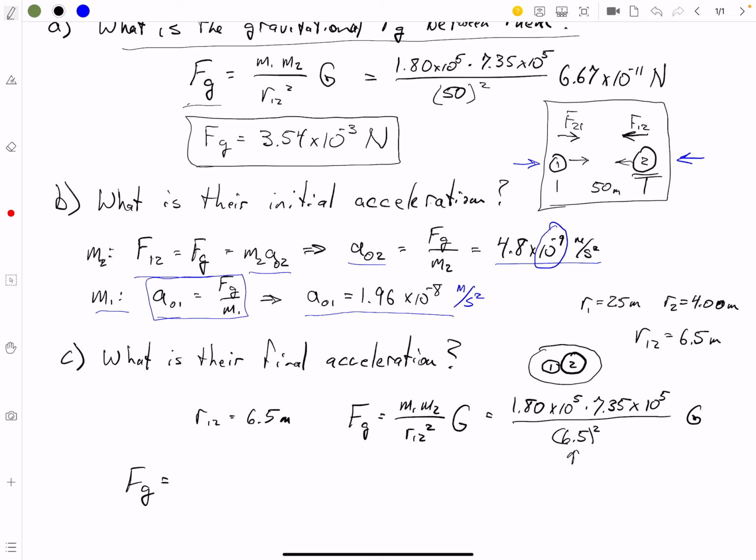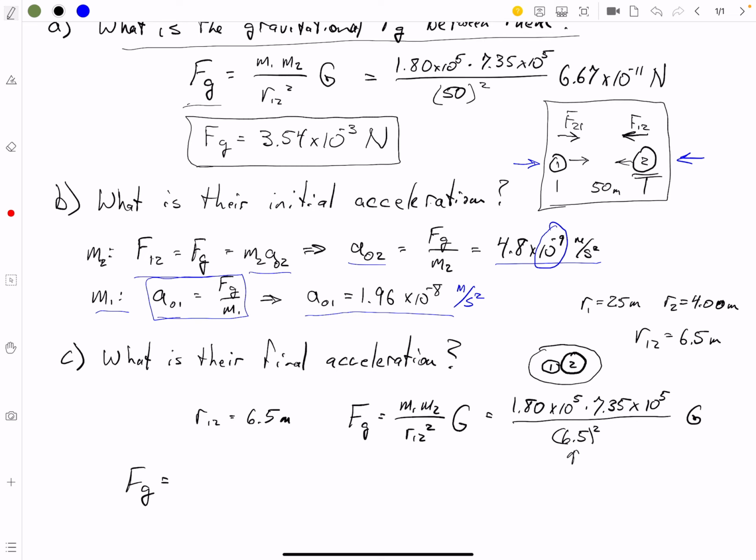And then we've got 10 to the 10 on the top, so we're going to multiply by 10 to the 10. And the gravitational constant, which is 6.67, we're going to multiply by that. And we also have to multiply by 10 to the minus 11.